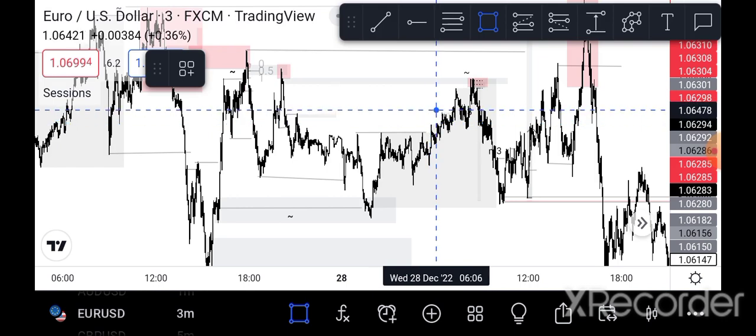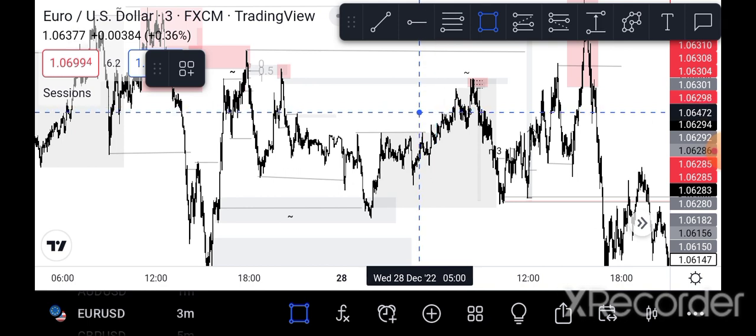So now we are in as sellers, and also keeping in mind our overall perspective. So any sell we take right now is a counter-trend or edge trade, but the buys are what we are really looking for. So until the buy comes, are you getting me?